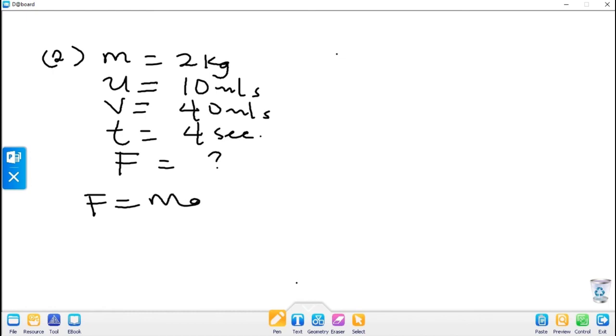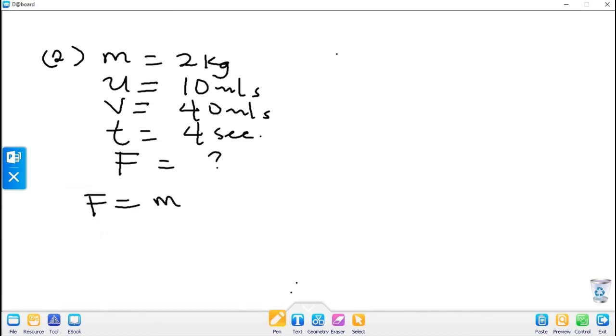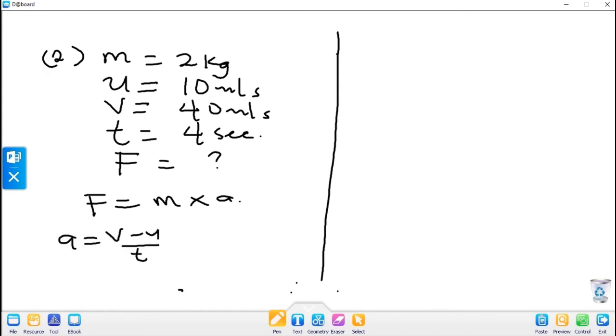Our F is equal to ma. That's force is equal to mass times acceleration. Now we need to obtain the acceleration. And how do we do that? From our first example, we resolved that a is equal to v minus u all over t.